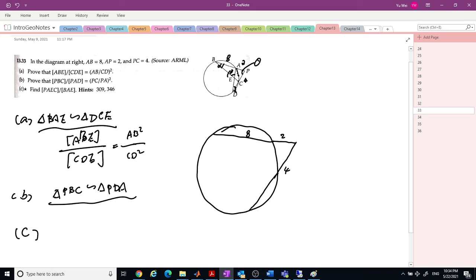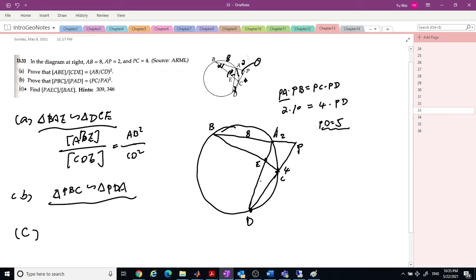We have D, and P, and A, and B. Then this is C, and this is E. So we know PA times PB is equal to PC times PD. Okay, so PA is 2 times 10 is equal to 4 times PD. So PD is 5. So CD is 1.